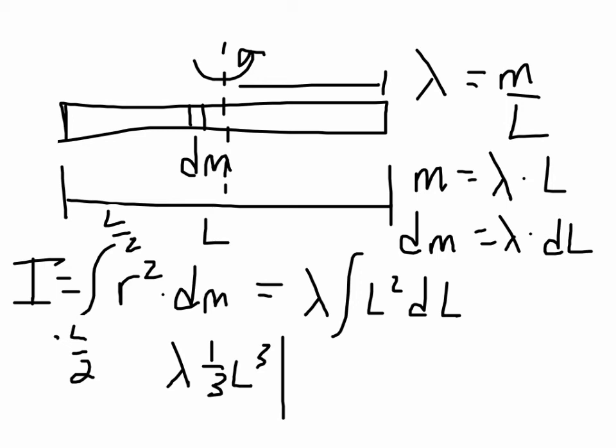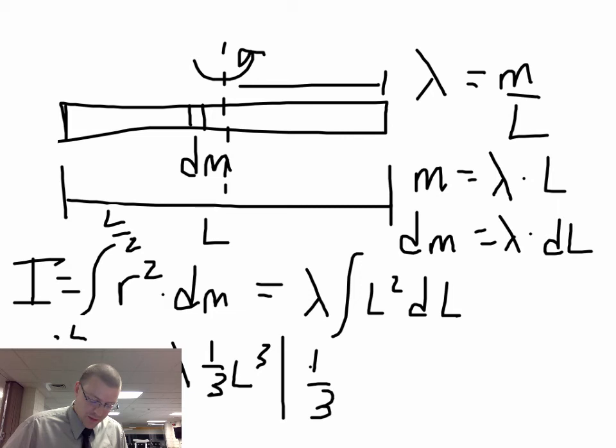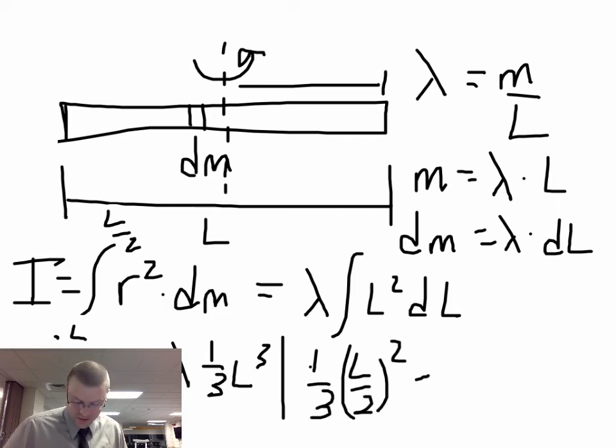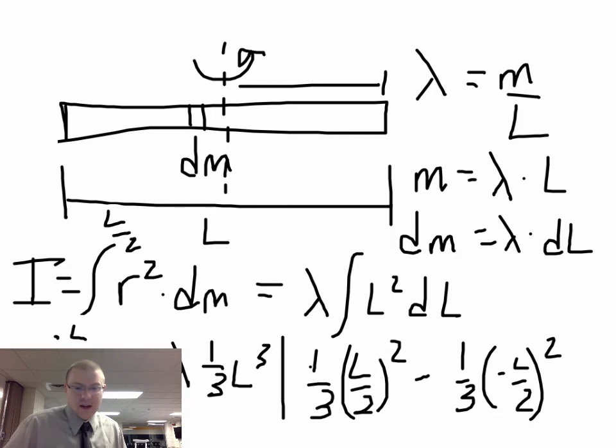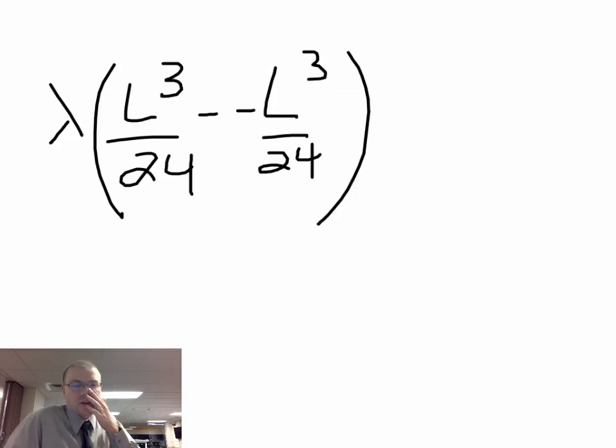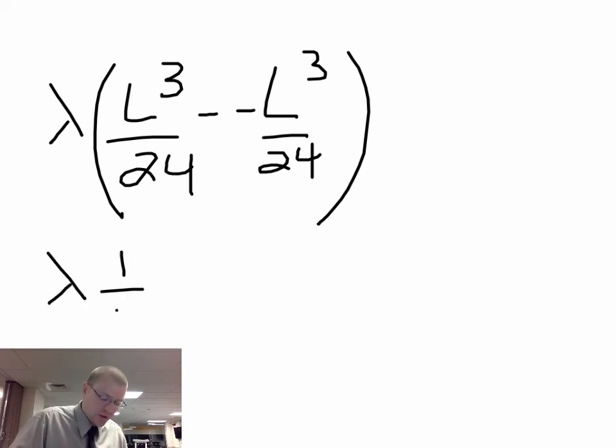So when we evaluate that between our two new bounds, I'm going to get 1/3 times L over 2 cubed minus 1/3 times negative L over 2 cubed. And if you evaluate that out, you get lambda L cubed over 24 minus negative L cubed over 24, which is really just adding the two of those, so 2/24ths end up being lambda 1/12 L cubed.